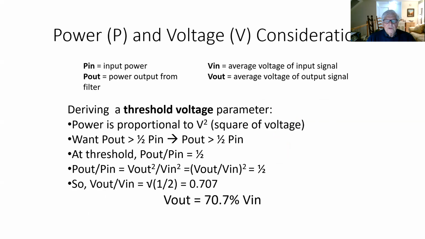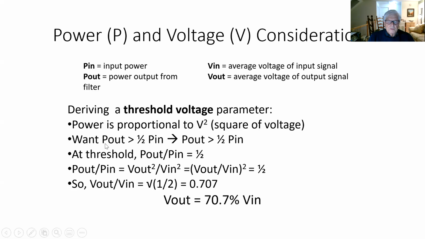So we're going to simulate that, but before we do that, like I said, we're interested in high power versus low power. Low power gets rejected, high power gets passed on. So we want to find out what is a threshold voltage. At what voltage does it all of a sudden pass from high power to low power? So power we know is proportional to V squared because power is V squared over R, okay?